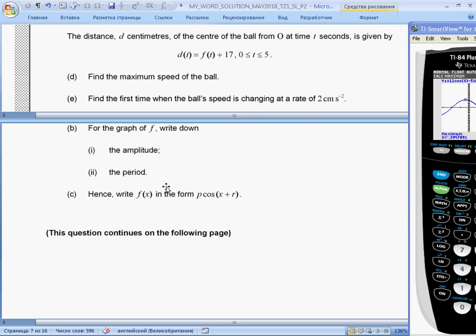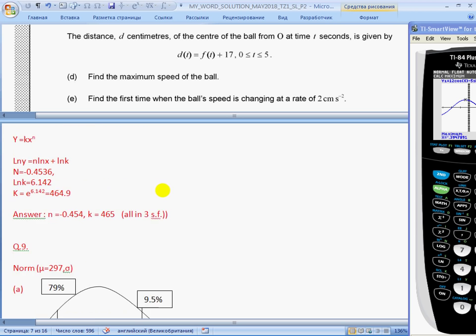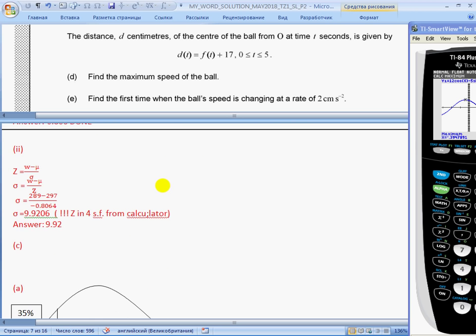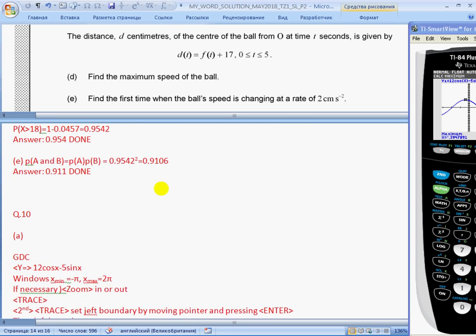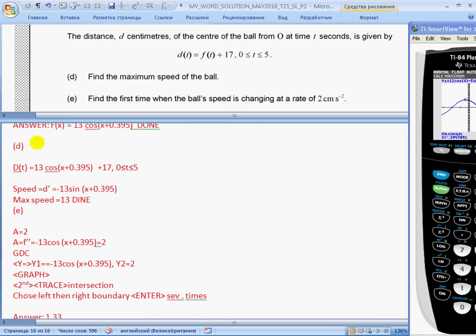Speed will be the first derivative of our function. Let's concentrate. Right, okay, the first derivative will be minus 13 sine x, so we understand that the maximum will be 13, minus 13.